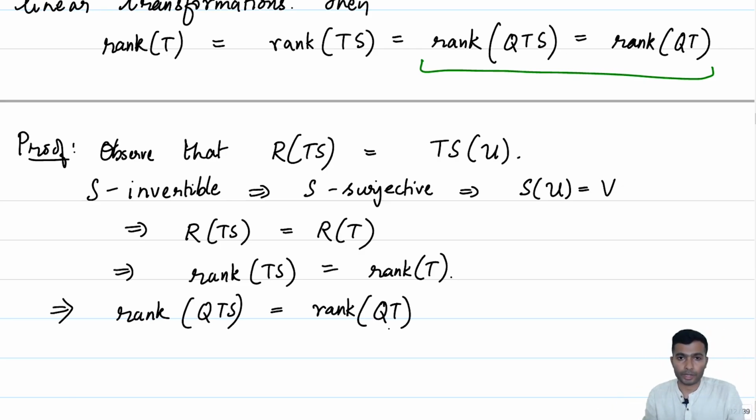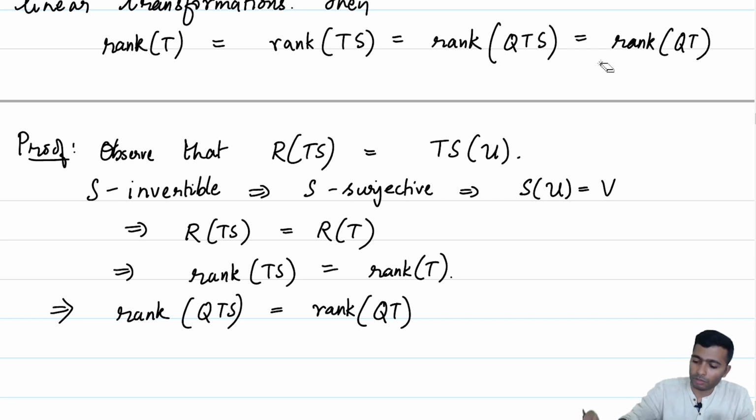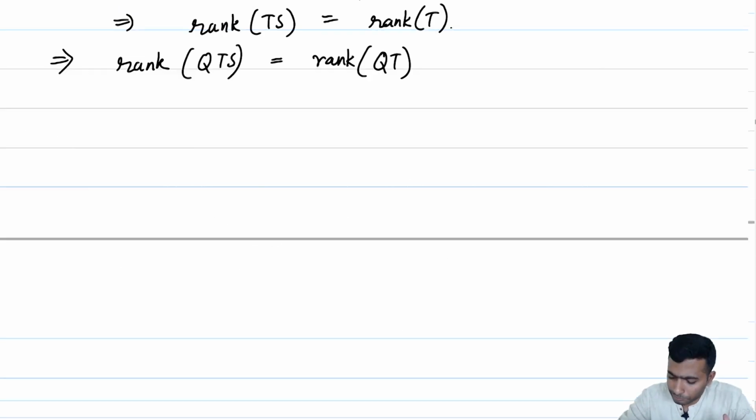So T was an arbitrary map, right? For any T, if you compose it with an invertible map, it is going to preserve the rank. So in particular, rank of QTS is the same as rank of QT. So the only thing that is left to prove would be to check that rank of QT is the same as rank of T.